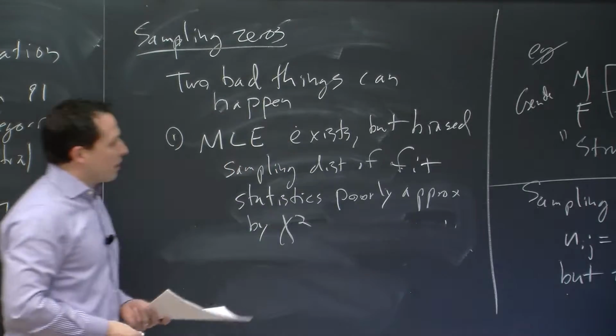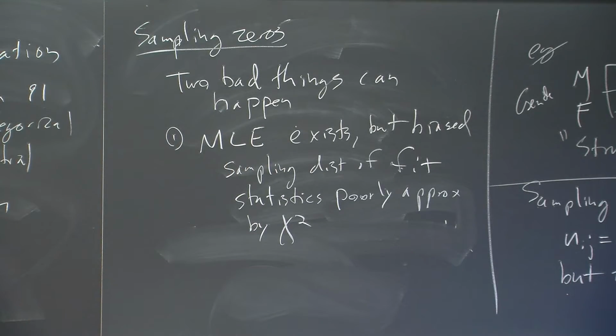So, not only is our maximum likelihood estimate biased, but even our estimate of fit is not very good, because when there are a lot of zeros, as we know, our g-squared and Pearson statistics are not well approximated by chi-squared.